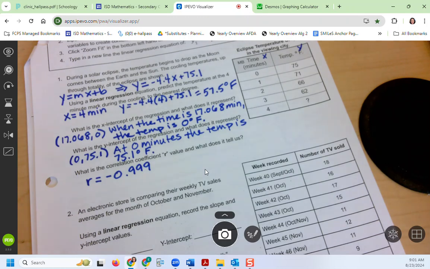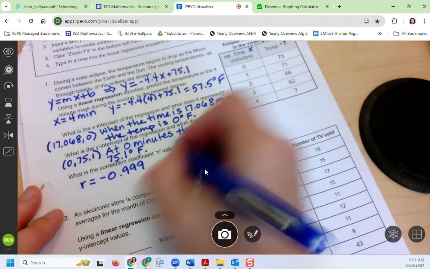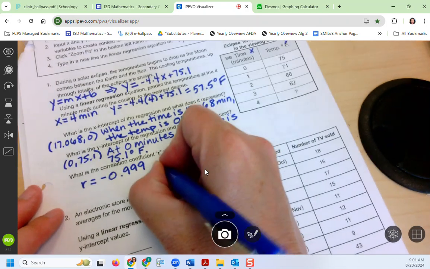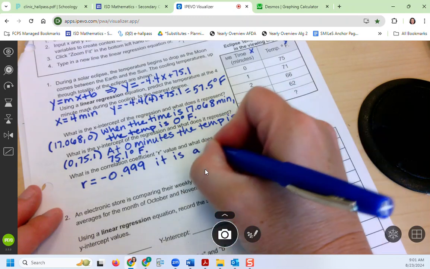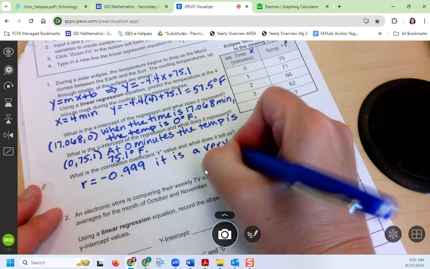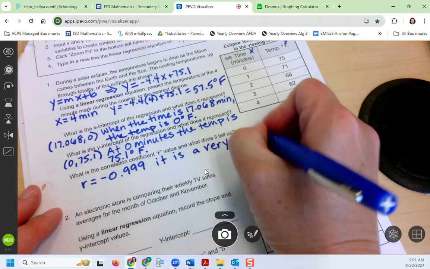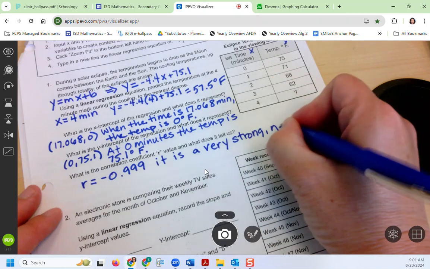Are we closer to 0 or are we closer to -1? Yeah, we're really close to -1, which means it's really what? Really strong. Okay, so we will say that it is a strong, I'm going to say very strong negative correlation.